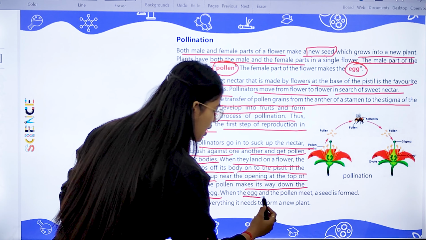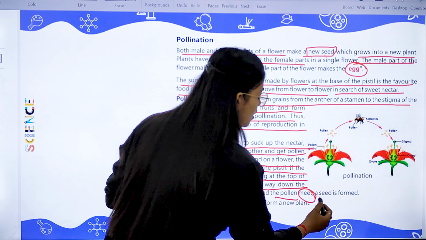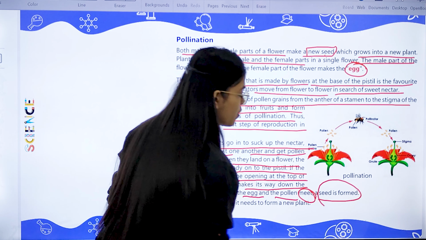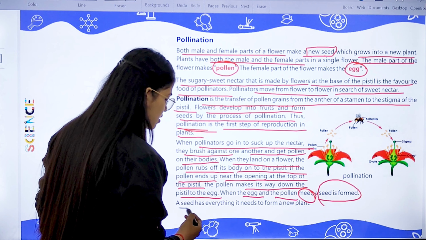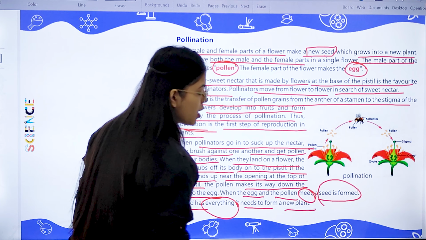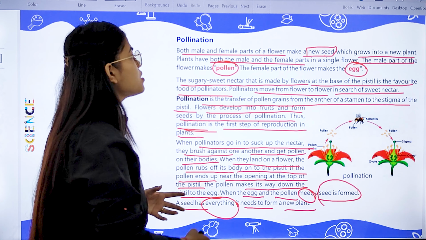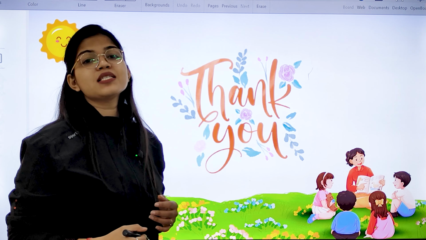And when this egg and the pollen meet or fuse together, then the seed is formed in that particular place. And now the seed has everything which it needs to form a new plant. So this is how the whole pollination process takes place, and new plants can be grown by this process.